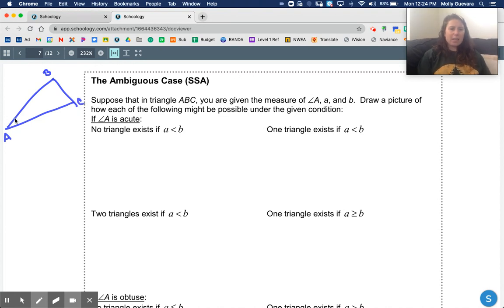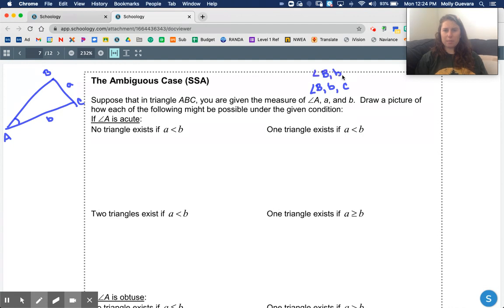If you're given the measure of angle A and side A, and then also side B, it does not have to be A and B. It could be C, C, and A, or it could be B, B, and A, or B, B, and C, or whatever. As long as you're given an angle, the side across from the angle, and one other side, that's what we're getting at here.